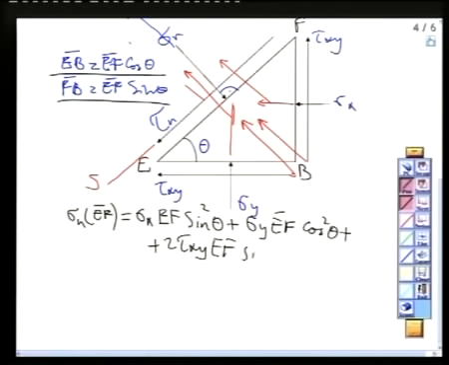Sigma n equals all of these things. Sigma n multiplied by EF equals sigma x EF sine theta times sine theta, so sine square theta, plus sigma y EF cosine theta times cosine theta, so cosine square, plus 2 tau xy EF sine theta cosine theta. You can try it at home to check if it is right or wrong.